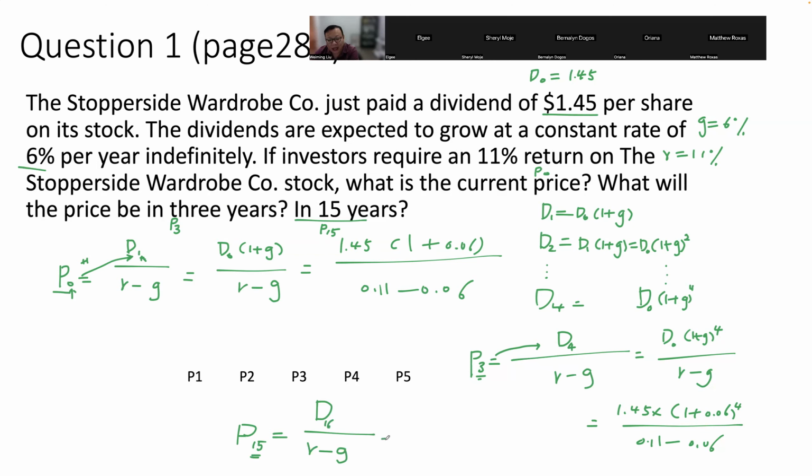D16, and now I use D0 times 1 plus G to the power of 16. So the idea is, if your dividend payment is bigger, the price should be higher. You notice that the price increases as the dividend increases at the constant rate.